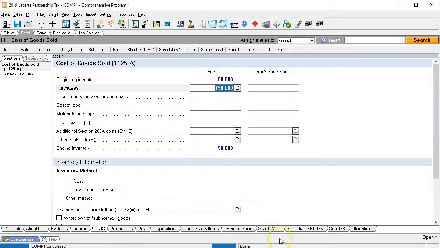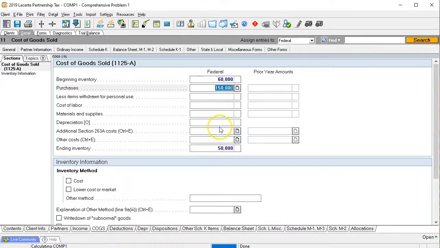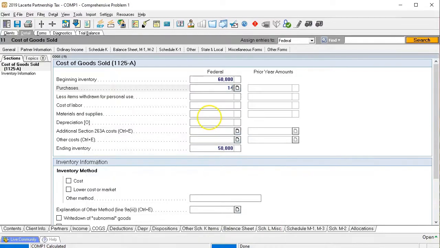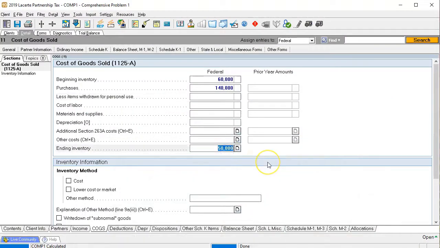So now that we have that, the beginning balance from our equation was 60,000. Then we had purchases, and the purchases are 140,000. And then the ending balance, we said, was 50,000. There's the 50,000.